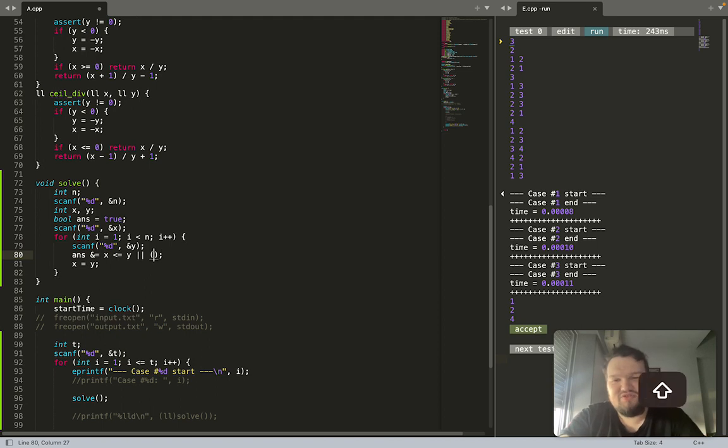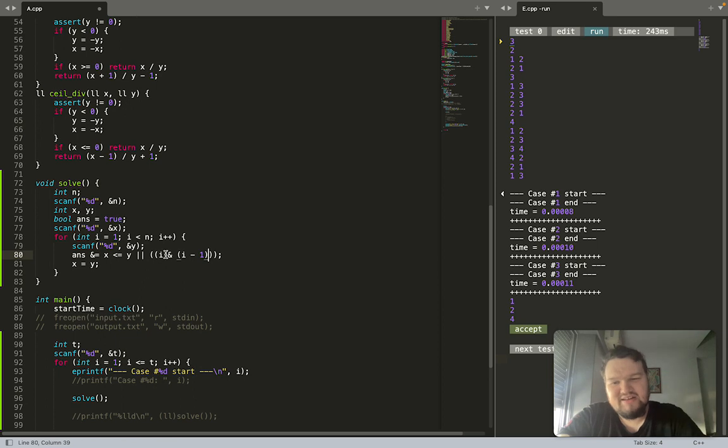And when we want to check if some number is a power of 2, we can take the bitwise AND of this number with this number minus 1. If it is not a power of 2, then the highest bit of those two numbers is the same, so the AND will have this highest bit.